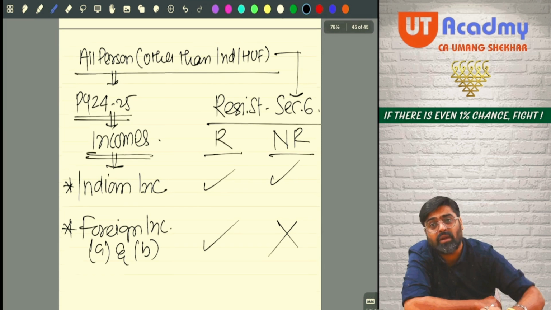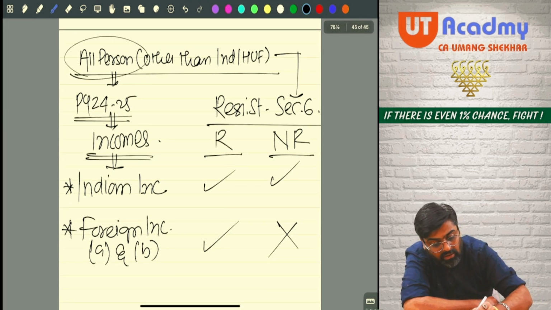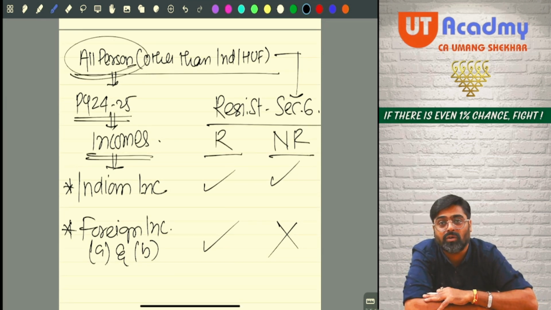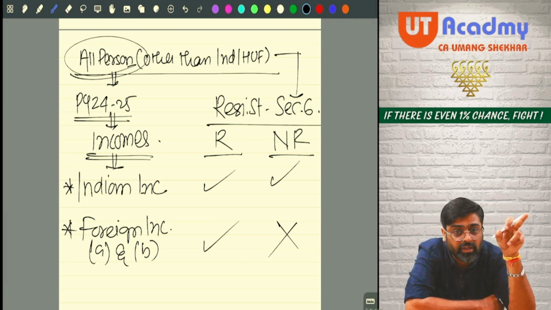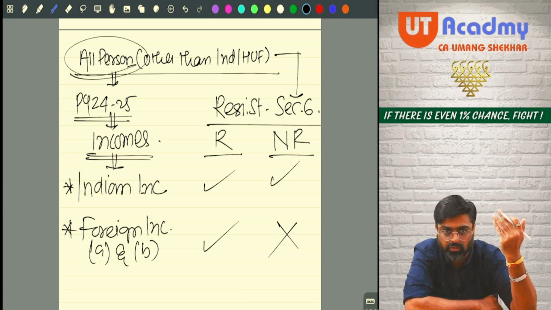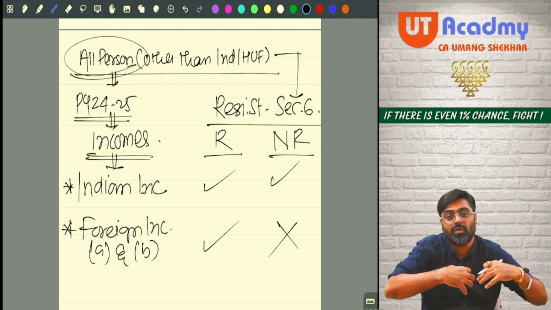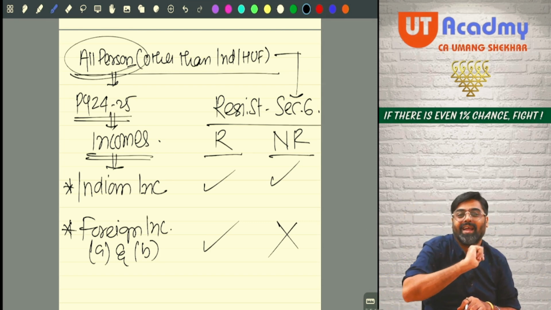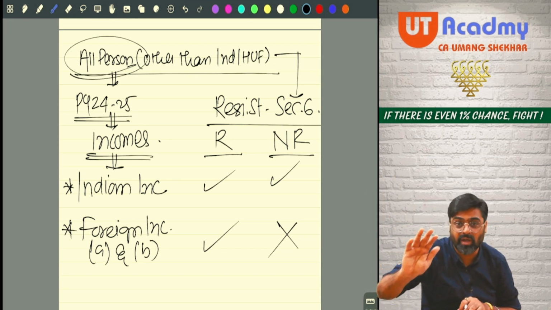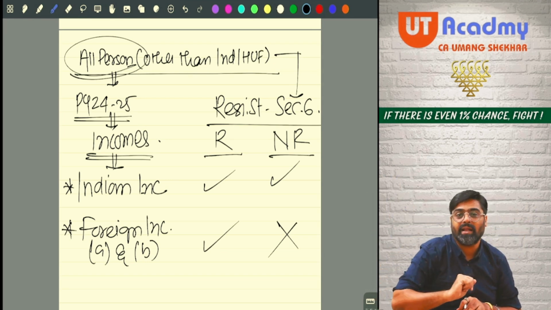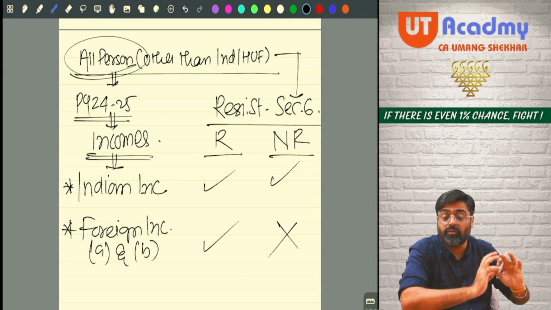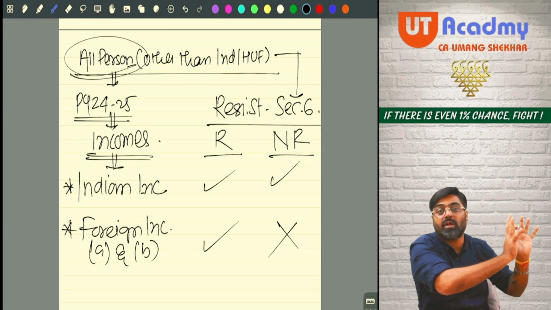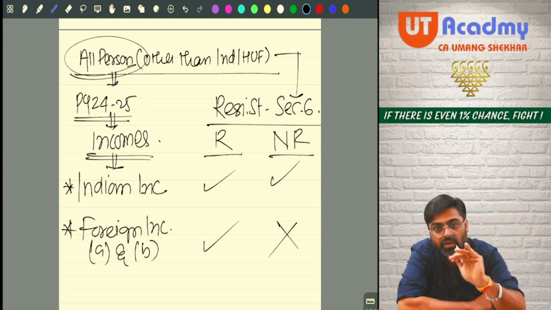Then we will learn how to determine the residential status of all other persons other than individual and HUF. So first target would be section number 6. Once we are through with section 6, we will come to know when to call an individual ROR, RNOR or NR, when to call HUF ROR, RNOR or NR, and when to call other persons a resident or a non-resident. That we are going to learn first.